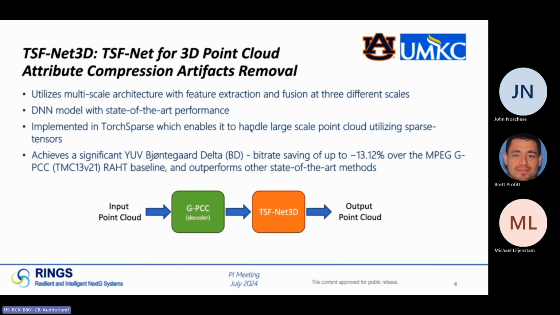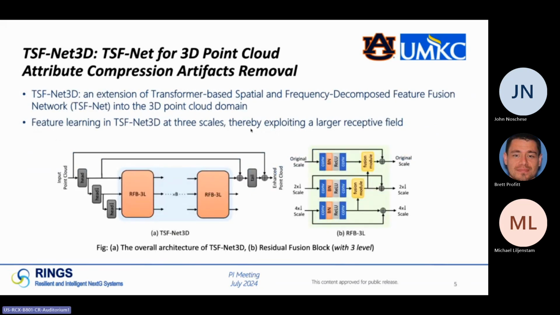There is a bit saving of up to about 13% compared to the MPEG benchmark. And it also outperforms several state-of-the-art techniques. So the idea is to have this, so basically this is a decoded point cloud.